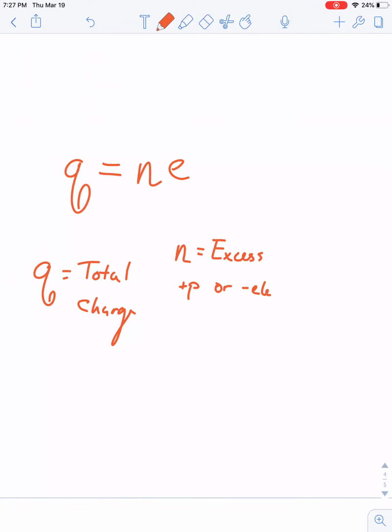Again, the N, the number, is not going to tell you the total amount of protons or the total amount of electrons on an object. It's only going to tell you the excess number, which will in turn create a certain amount of charge on an object. Again, that's the only way that an object can be charged. If they have the same amount, then it is a neutral charge. E is going to be the elementary charge.